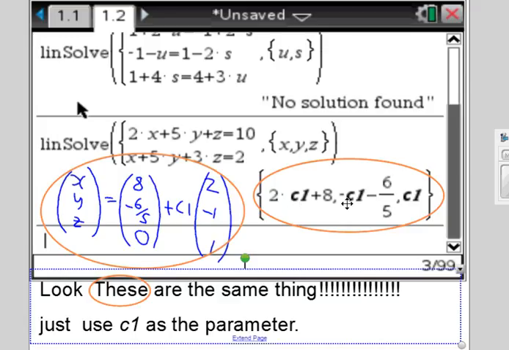The y coordinate is minus the parameter, subtract 6 over 5, which is what this is. And the z coordinate is just the parameter. It's the same thing. So your calculator is pretty useful. And notice that's an infinite set of solutions, as opposed to no solutions found, which we'll see in another video.